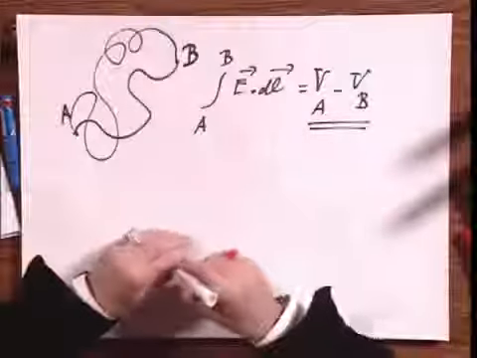If, however, I should really say if the integral E dot dl depends on the routing, then the electric field is non-conservative. It's very hard to imagine what that can be, but you're going to see this in the future with Faraday's law, and almost no one has any intuition for that. And the whole concept of potential difference is then not even defined, because the integral E dot dl from one point to another depends on the routing.